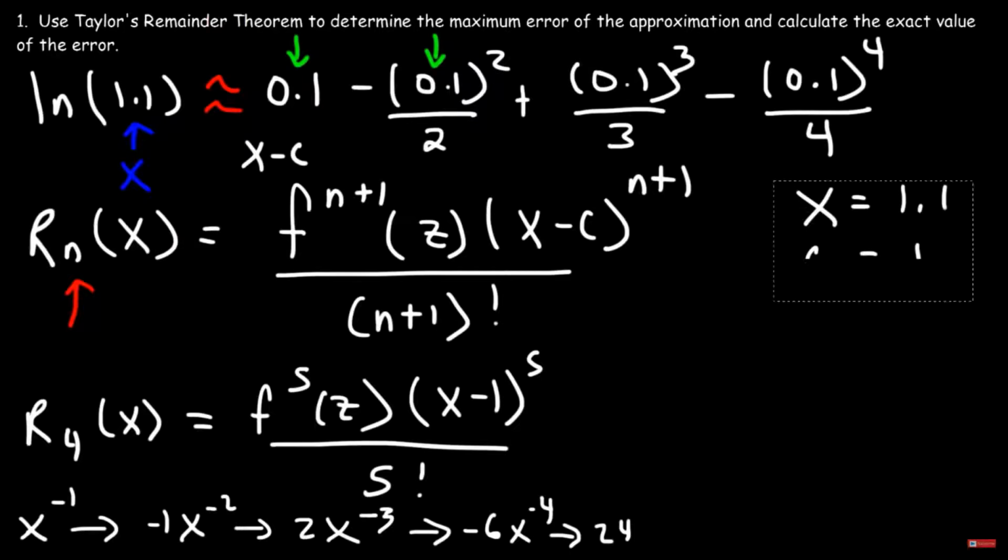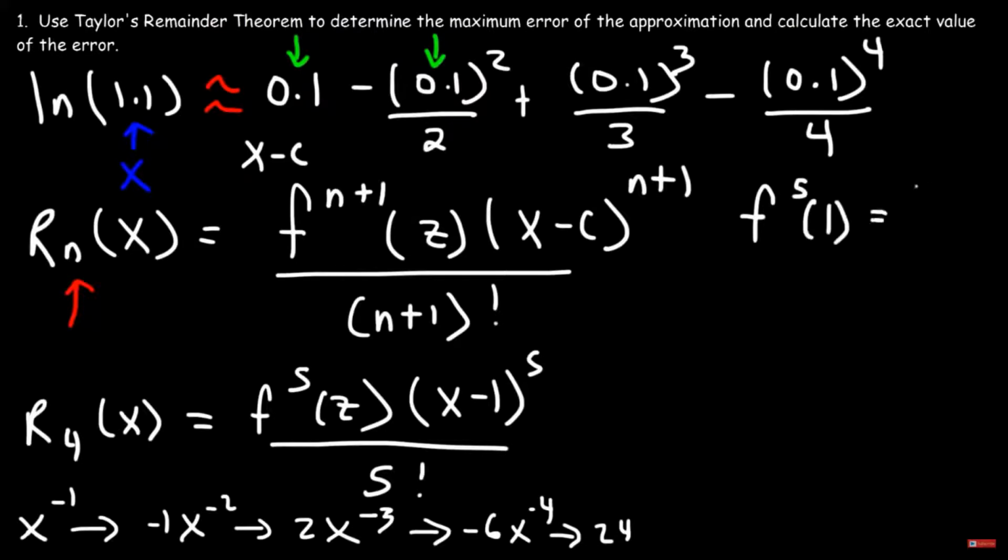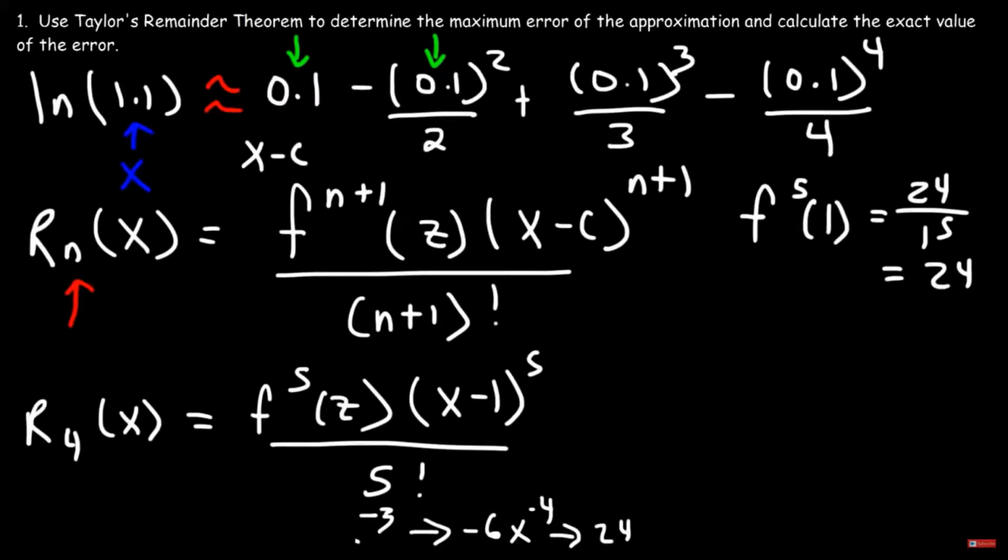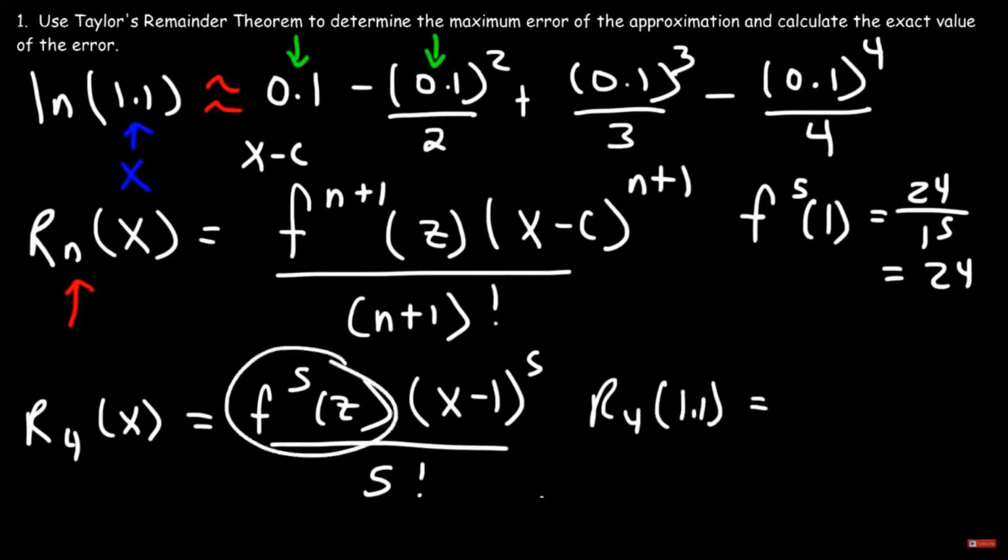That makes sense, what he's doing. So the fifth derivative of 1, that's going to be 24 over 1 to the fifth power. So that equals 24. So that's R4 of 1.1, that's going to be 24.